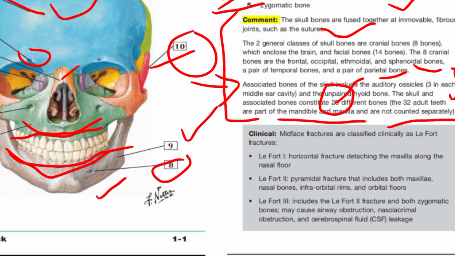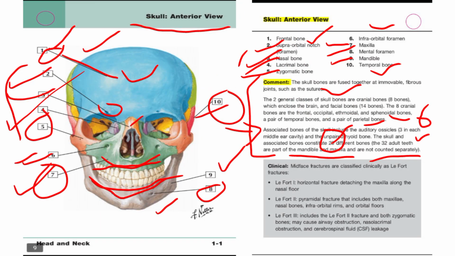It includes the Le Fort 2 fractures and both zygomatic bones, and may cause airway obstruction, nasolacrimal obstruction, and CSF leakage. What is CSF? Cerebrospinal fluid, which is present in the brain and spinal cord. This is the clinical we discuss, and in this lecture we discussed in detail the skull anterior view.